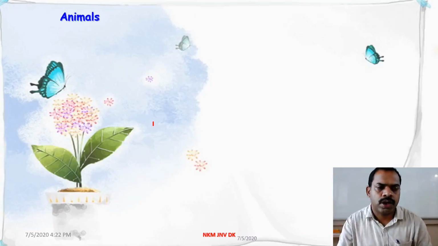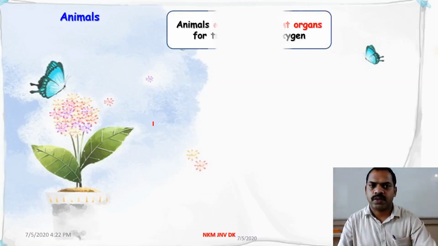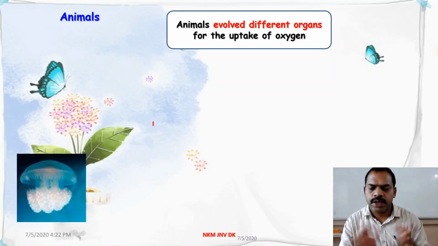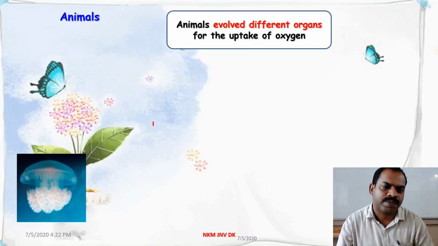Now we will go into the animals, the respiration in animals. Again, we'll come to that. Animals have various types of respiratory organs. In very simple organisms like this jellyfish, they can do with diffusion.